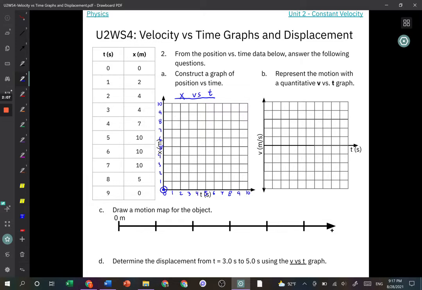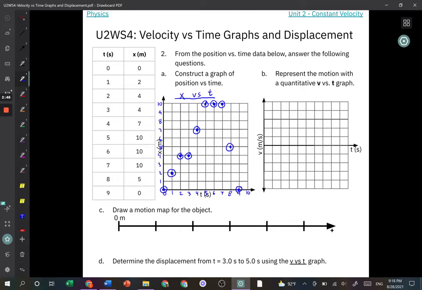Then at 1 second, I have a position of 2 meters. 2 seconds, 4 meters. 3 seconds, 4 meters. 4 seconds, 7 meters. 5 seconds, 10 meters. 6 seconds, 10 meters. 7 seconds, 10 meters. 8 seconds, 5 meters. And my last time is going to be 9 seconds at 0 meters.